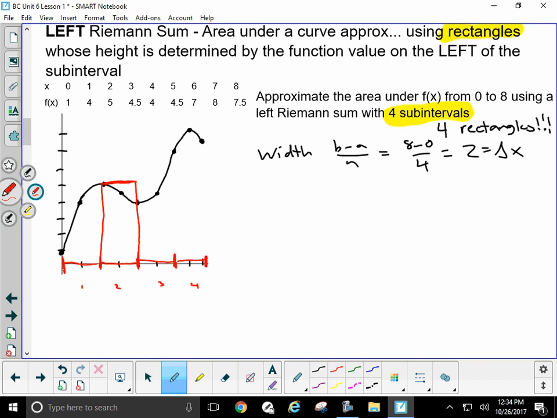But let's look at rectangle number 4. Point to the height that you would use for rectangle number 4. This one. Okay? I'm not going to go up here. I'm not going to go here. I'm going to use this height for this rectangle over 4. Okay? You guys draw your other 2 rectangles.